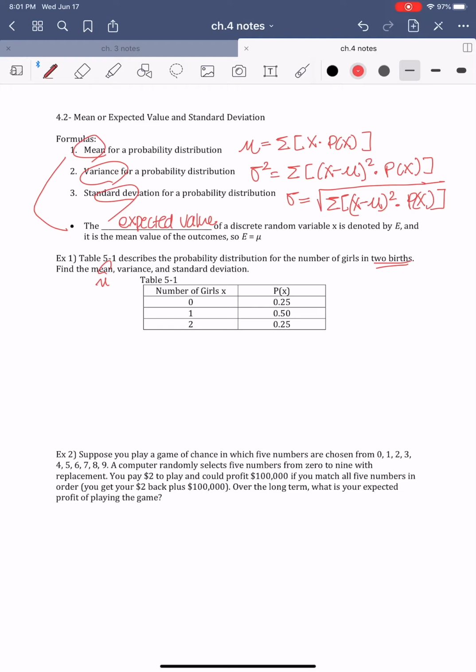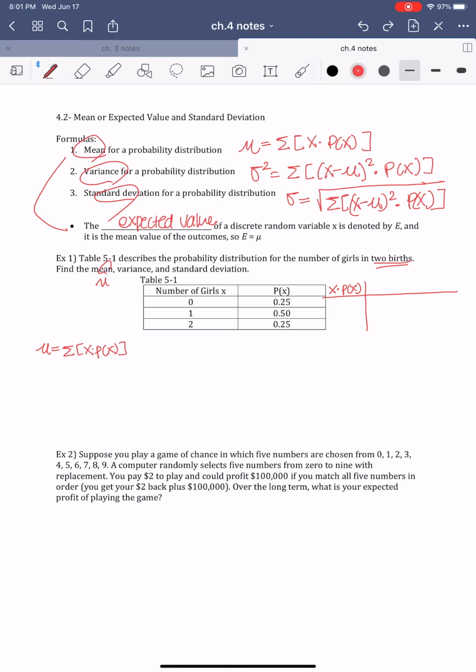value. Mean value, the formula is summing up x times p of x. Now, I'm just gonna add more columns to help me do the calculation a little bit easier. I'll do x times p of x for each probability, and then basically add up that column right there, so that will be the sum.